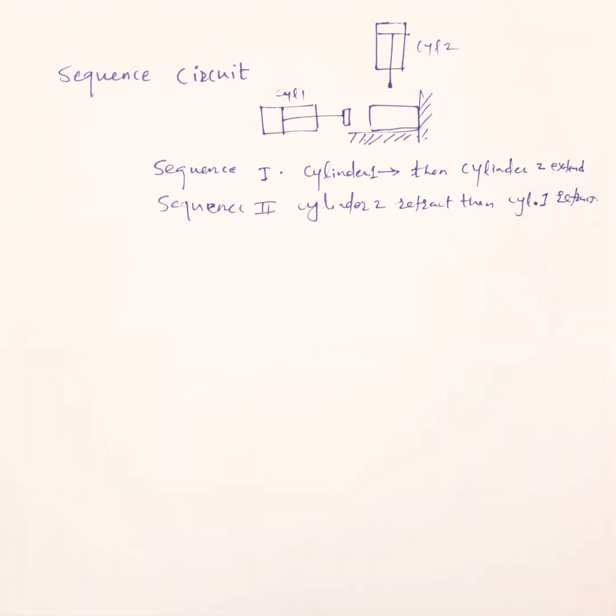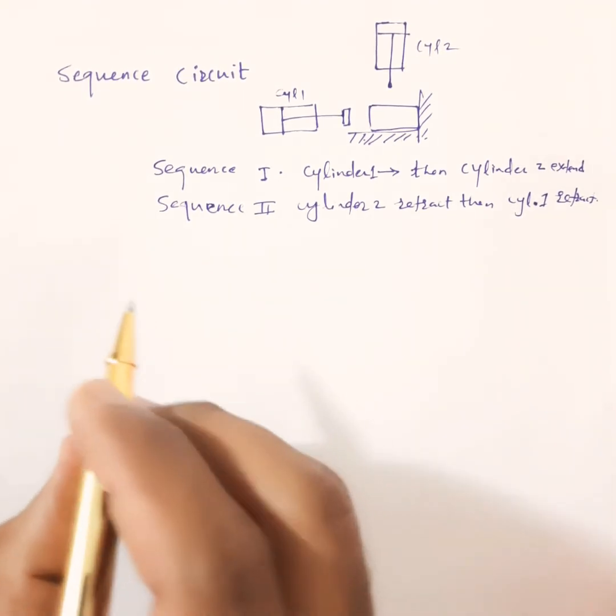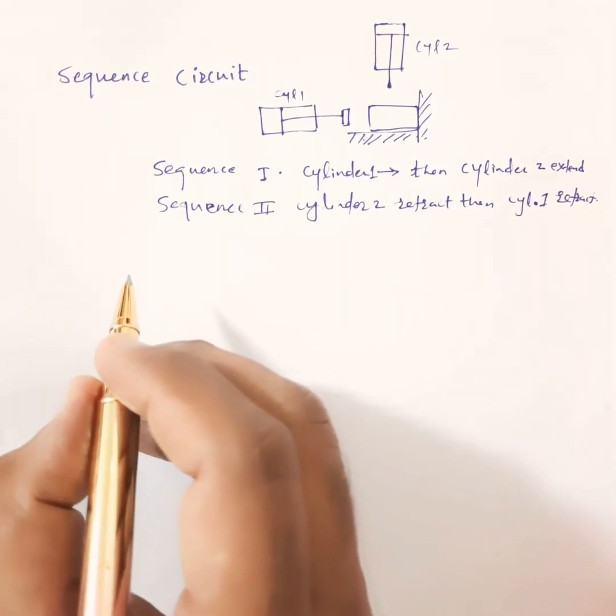There are a number of methods to design a circuit for sequencing. First you can use a pressure relief valve. So we will see two different circuits.